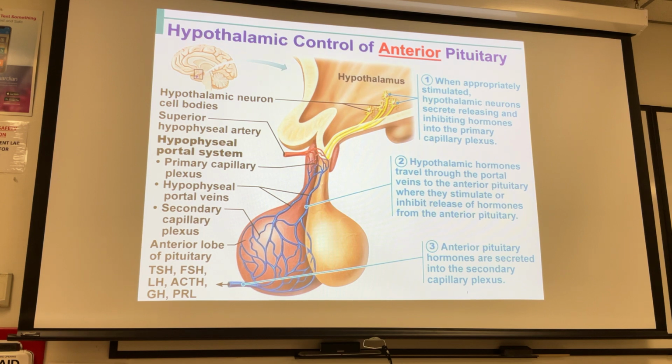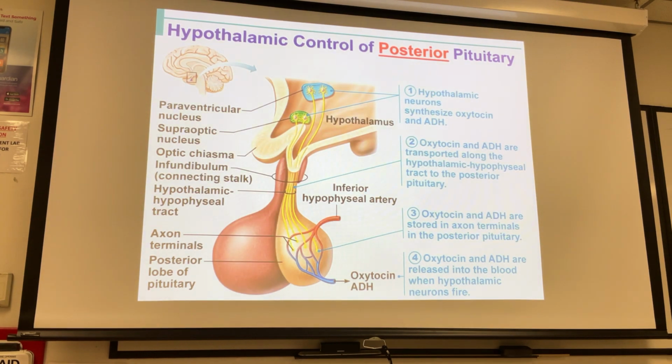So every single hormone, with one exception, in our anterior pituitary is going to be controlled hormonally via releasing and inhibiting hormones. Posterior pituitary is different. As we talked about, it's controlled neurally. Not only do we make the hormones in the hypothalamus, we then ship them for storage in the posterior pituitary. But when it's time, we then neurally stimulate the posterior pituitary to release its hormones into the blood supply and off throughout the body.